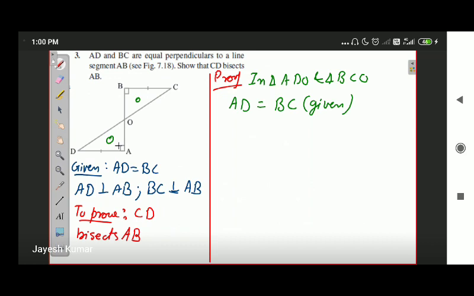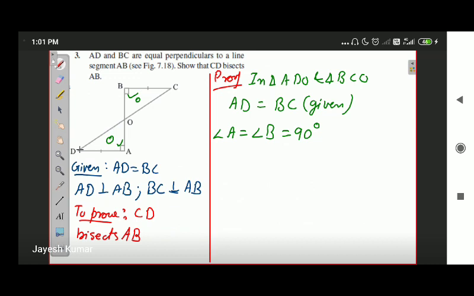Secondly, this angle and this angle are both 90 degrees. Angle A is equal to angle B. I am only writing down A, not the full name, because there is only one angle A. Angle A and angle B are equal because both are equal to 90 degrees. So in this way, I have one side and one angle.